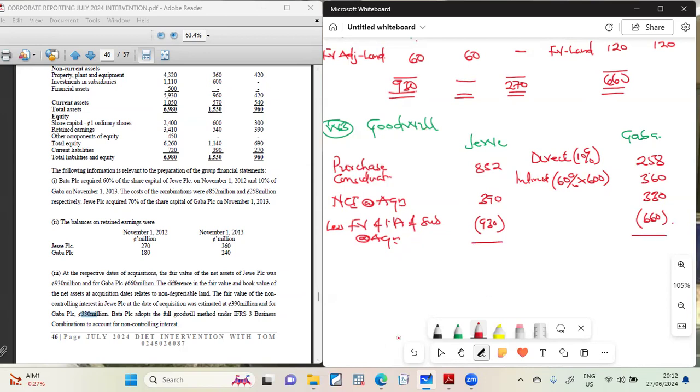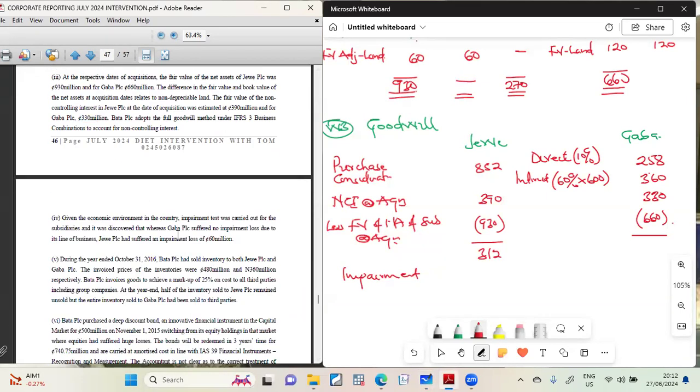And how much is the goodwill for this guy? So 852 plus 390 minus 930. That gives 312. And the impairment for this guy, we were told that it is 60, right? In this note, 60.